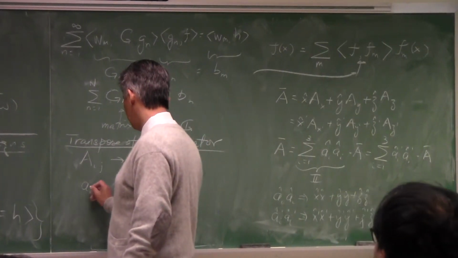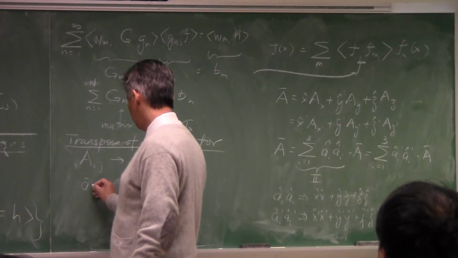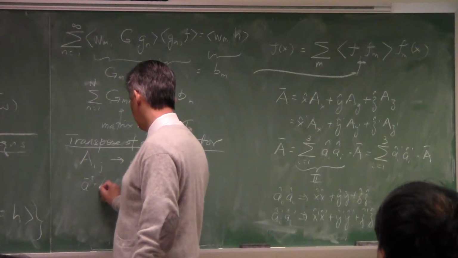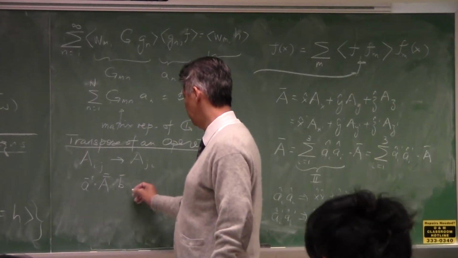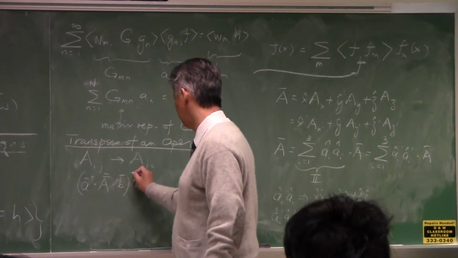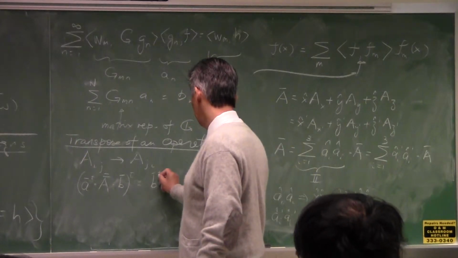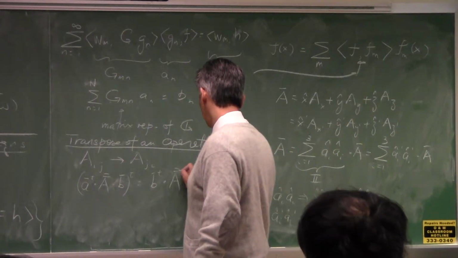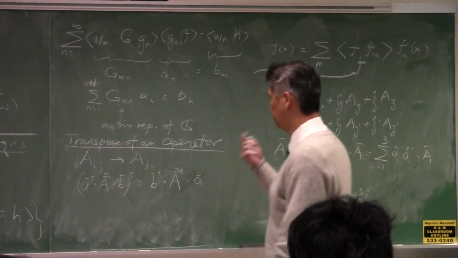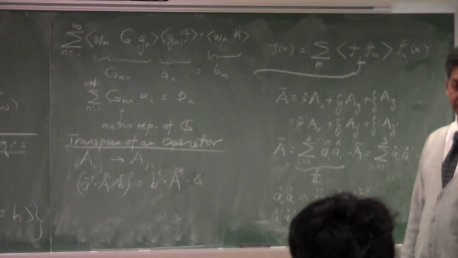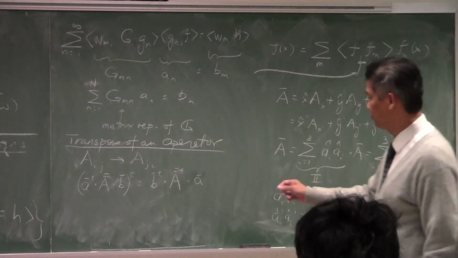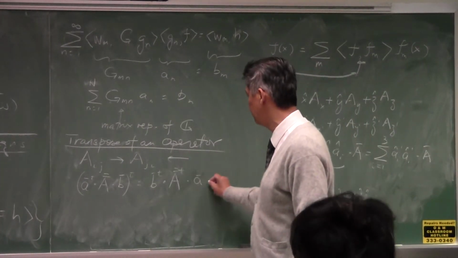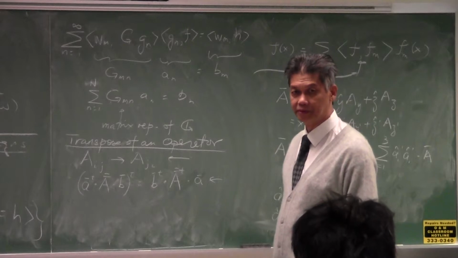In matrix algebra, we say that (A transpose dot A dot B)... If we take the transpose of this whole thing, this must be B transpose dot A, right? This is what we learned in matrix algebra. And instead of using this to define what the transpose is, we can use this equation to define the transpose.